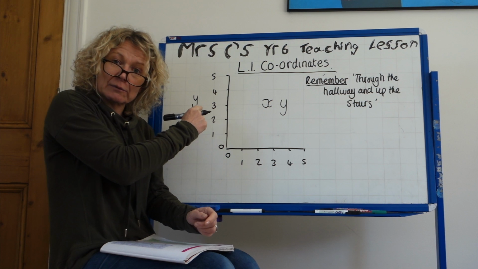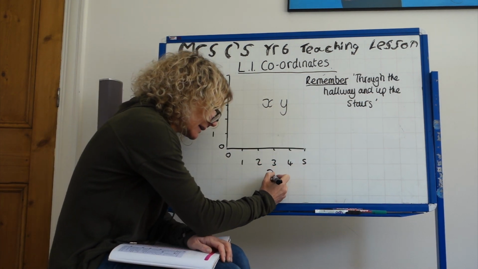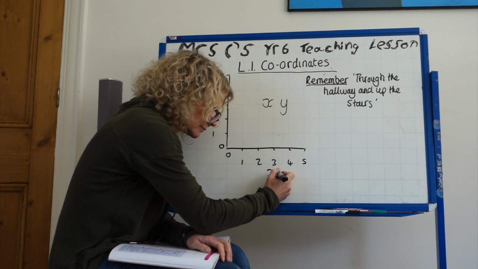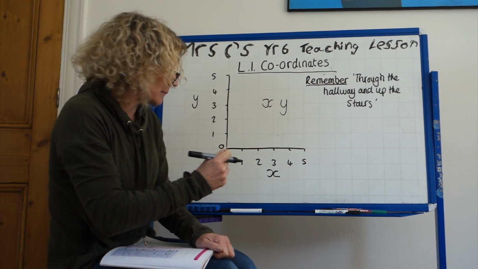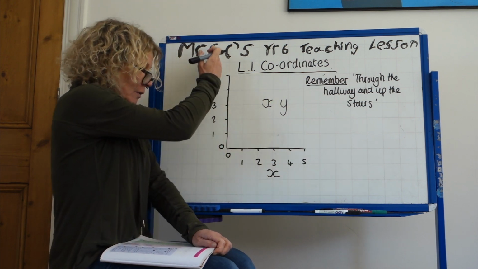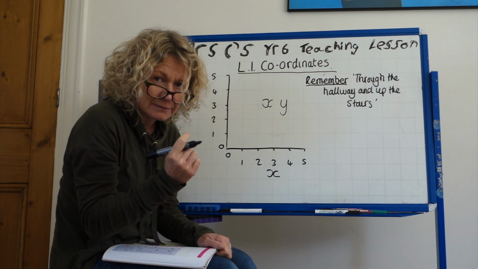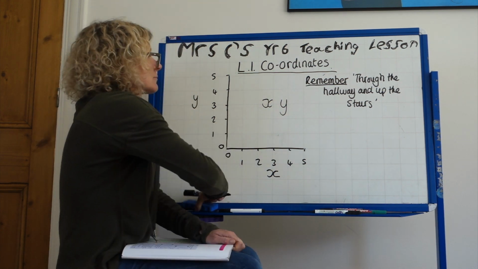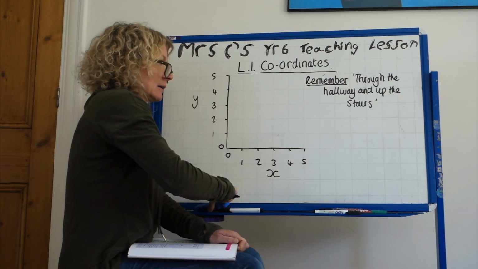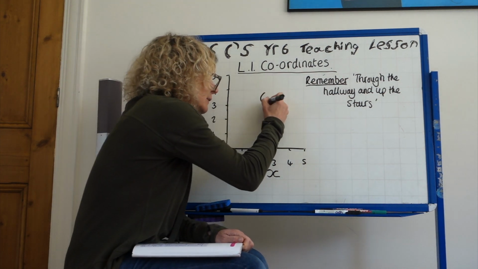So if this one's the Y one, I guess that means the horizontal one is the X one. I remember that because it's like a fat, chubby letter and it's going across. So the Y is going down and the X is going across, always. Okay? So let's rub that out. So coordinates are two numbers and they're always kind of put in brackets like this.